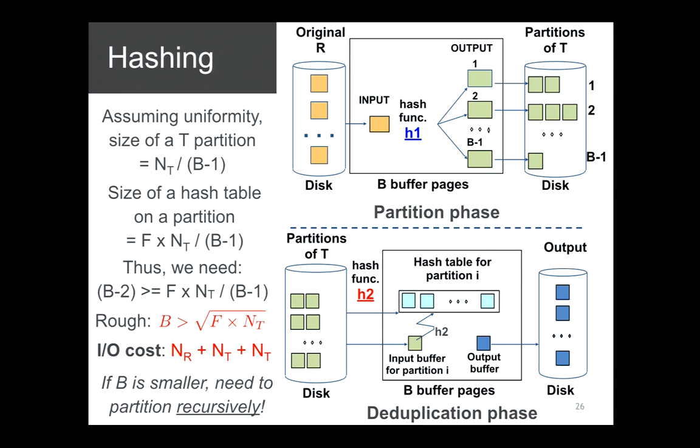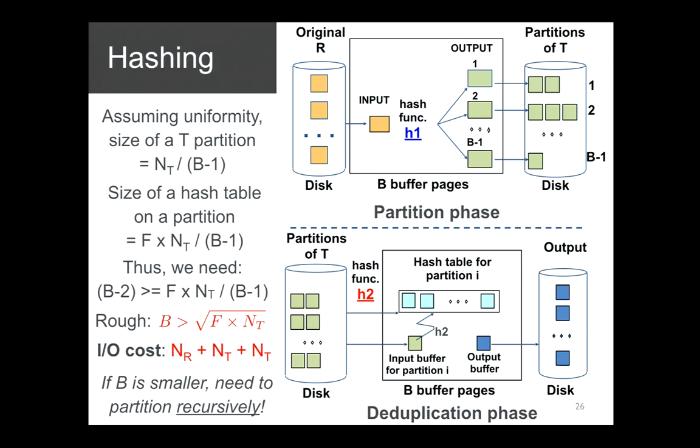With modern buffer memories, this buffer memory constraint is almost always going to be satisfied. But if you end up applying a project on an ultra-large file, and this constraint is not satisfied, you can do one recursive step, and it'll almost surely be satisfied. If it's still not satisfied, do another recursive step, and then you will get (B minus 1) to the 3 number of partitions.